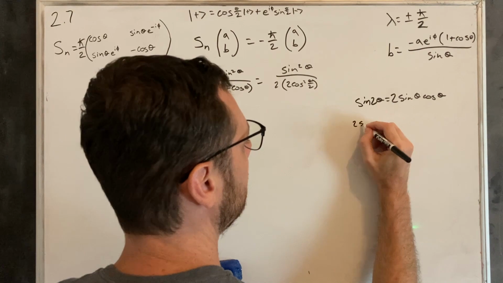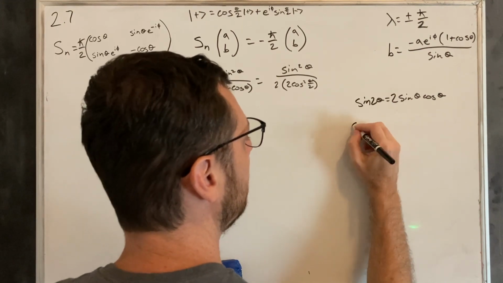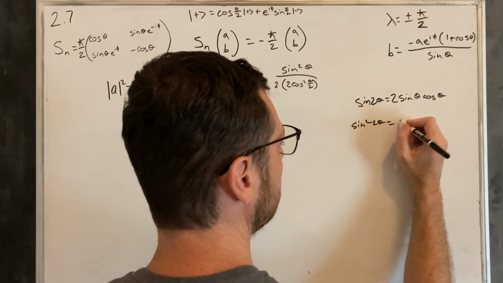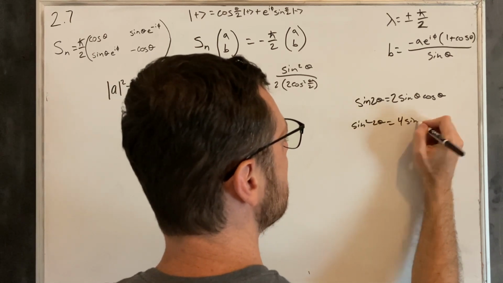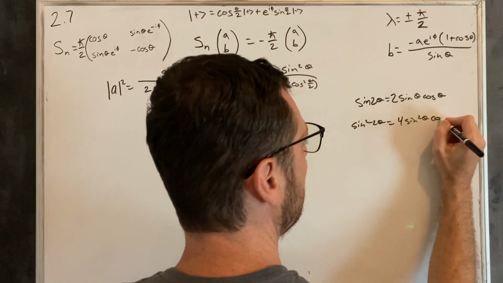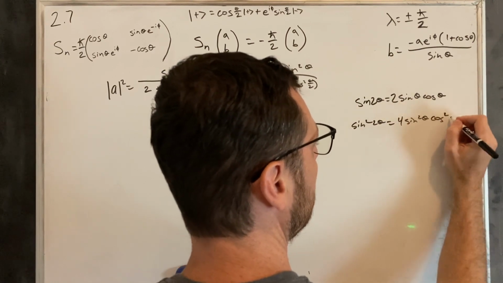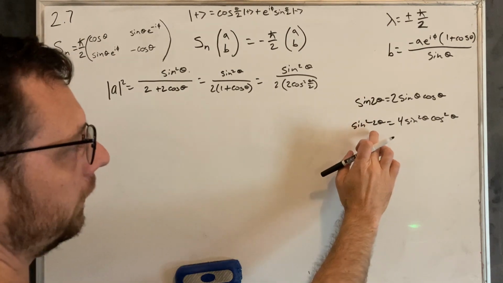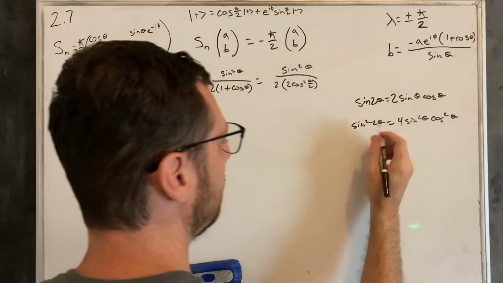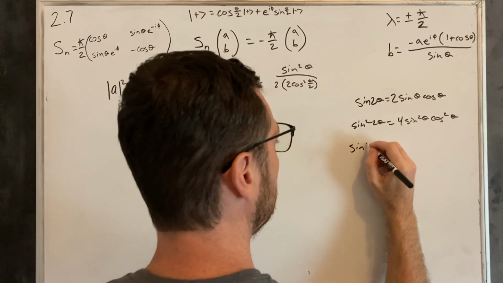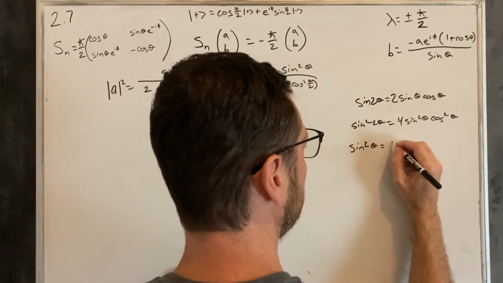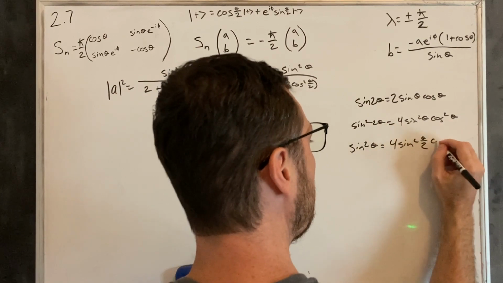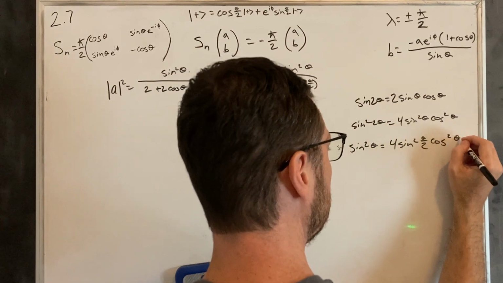So sine squared 2 theta equals 4 sine squared theta cosine squared theta. Again, we have this 2 theta, so let's cut that in half. So sine squared theta equals 4 sine squared theta over 2 cosine squared theta over 2.